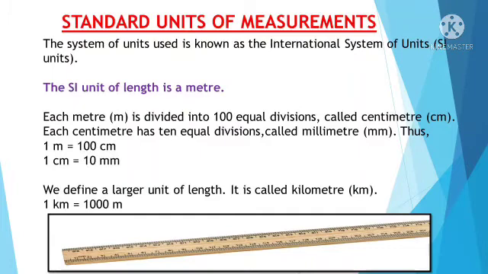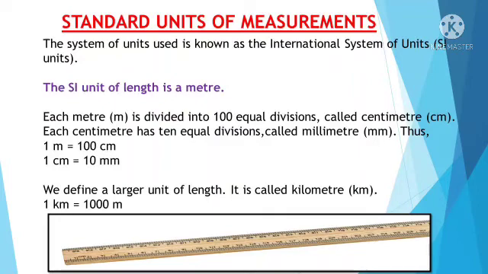Okay? And this system is called the International System of Units or the SI units. The adoption of these SI units has made it easier for scientists of different countries to communicate their results to one another. Okay, and the SI unit of length is meter.